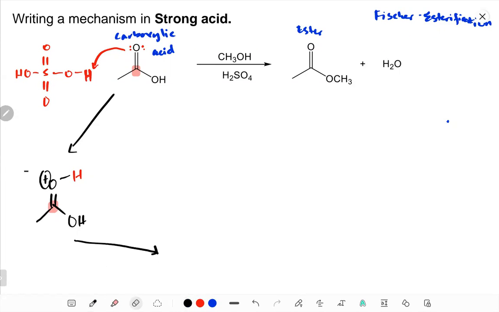I should write it in blue. So like this. So that's how the mechanism looks like. So this process will give off this intermediate.